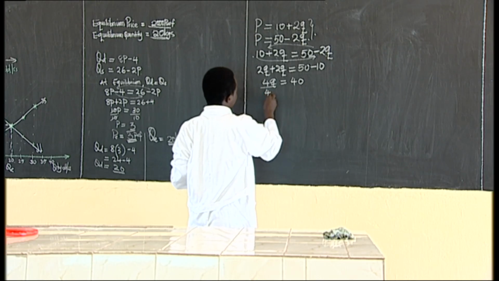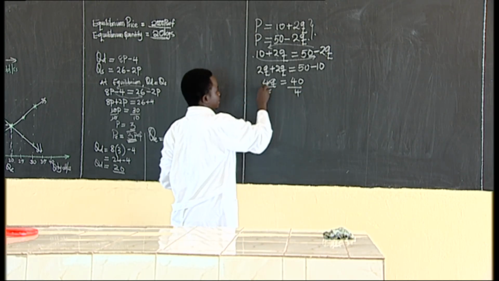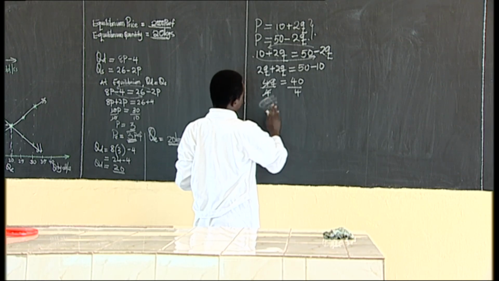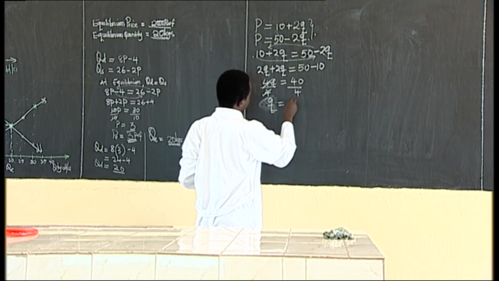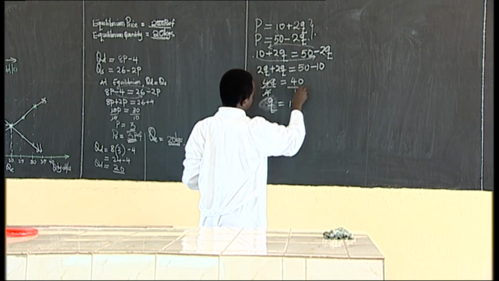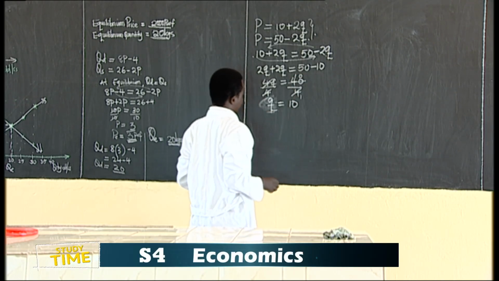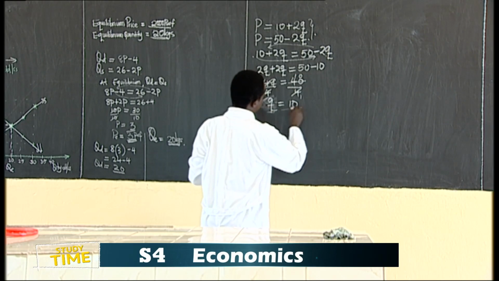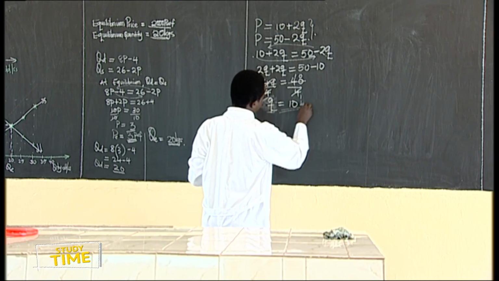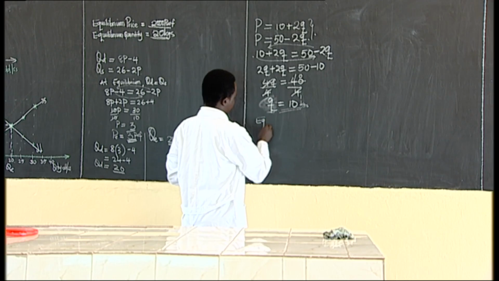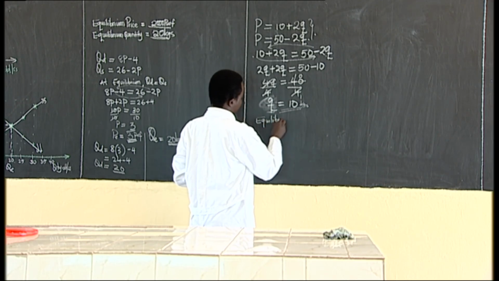You divide by 4 for you to get the value of Q. So our Q will be equal to 10. If you get 40, then you divide by 4, you get 10. So our equilibrium quantity, if they are kilograms, will be 10, because that's our objective.